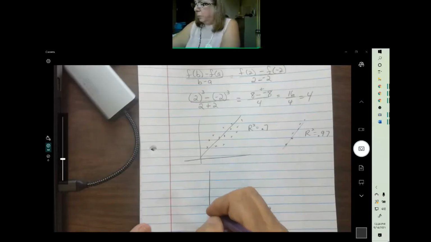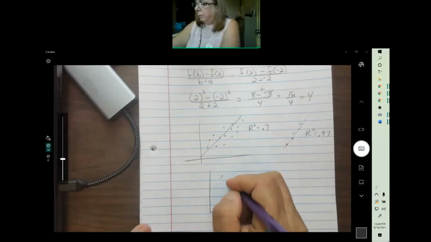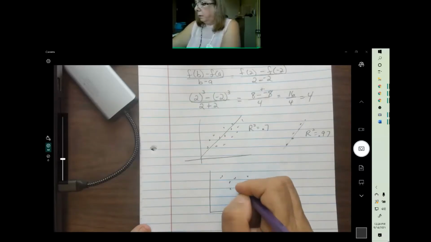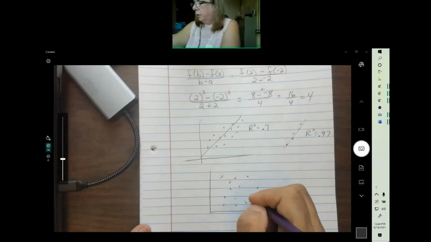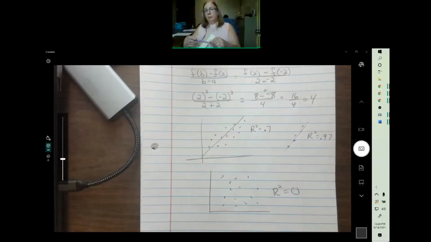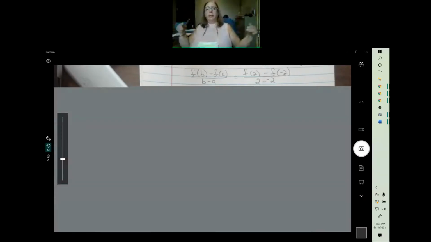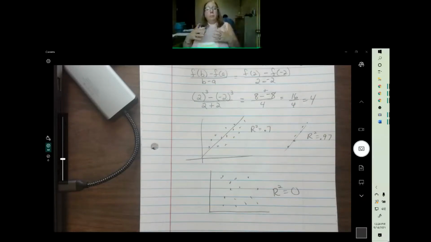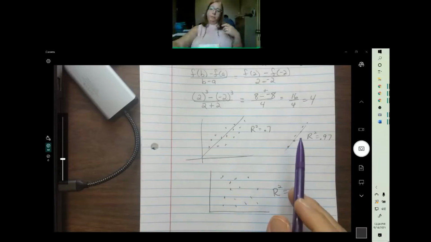If the data was spread way out like this, r squared would be 0. So what r squared does is tell you how strong a relationship the items have. If we were using height and arm span, there's a very strong relationship, so r squared is going to be close to 1.